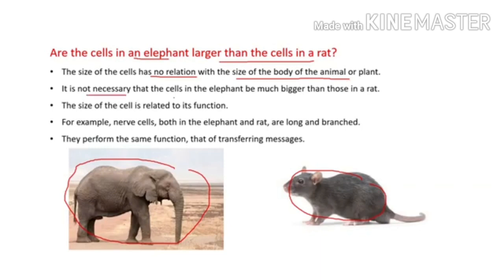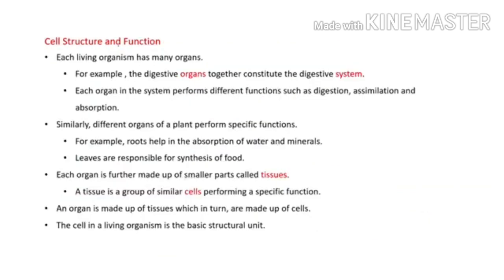It's not necessary that the cells in the elephant be much bigger than those in a rat. Size of the cell is related to its function mainly. For example, nerve cells, both in the elephant and rat, are long and branched. They perform the same functions, and that is to transfer messages.